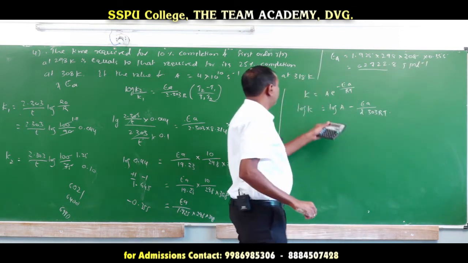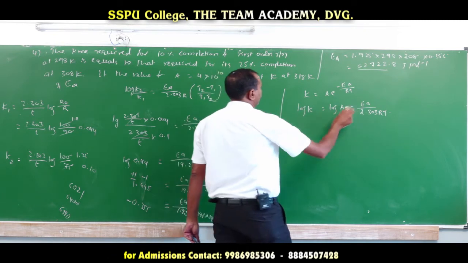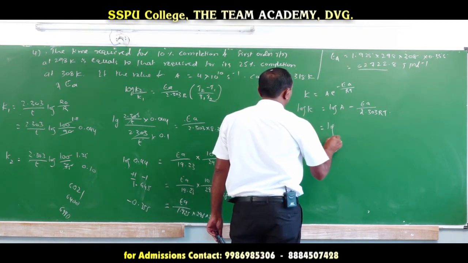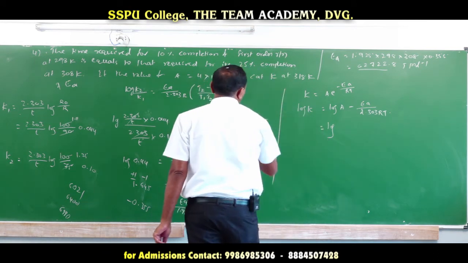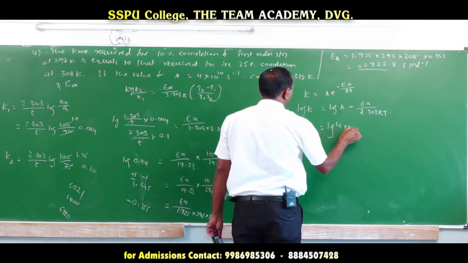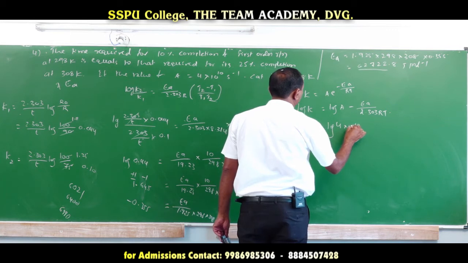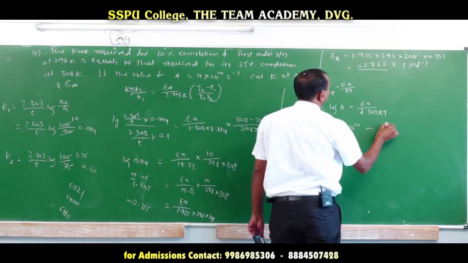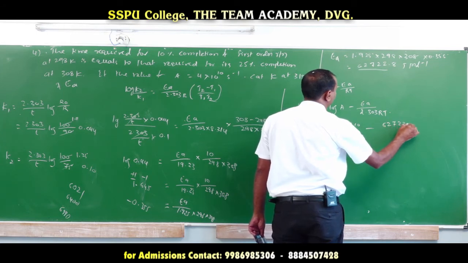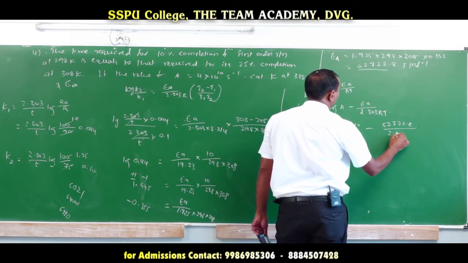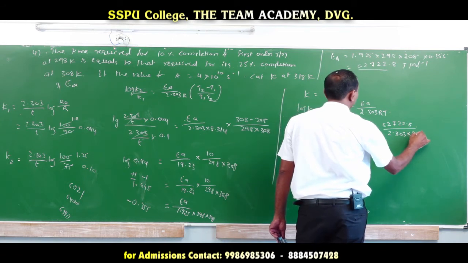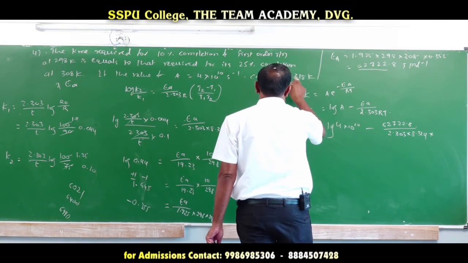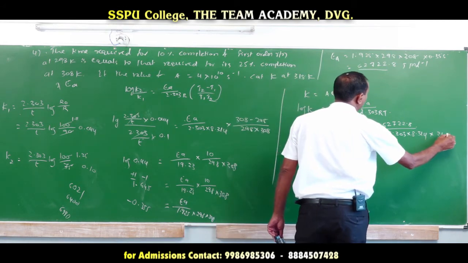Then we will substitute the value of EA here. Log K is equal to log A minus EA by 2.303 RT. The value of A is given, 4 into 10 to the power of 10. EA is 62722.8 divided by 2.303 into 8.314 into T. How to find out K when temperature is 318 Kelvin.